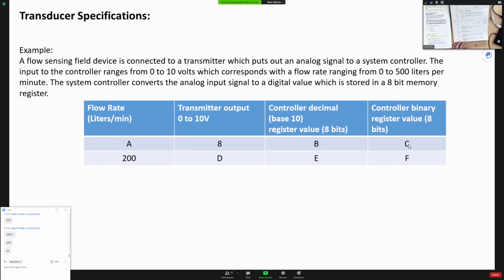Now we're going to convert this 204 into a binary number and store it in this binary register.